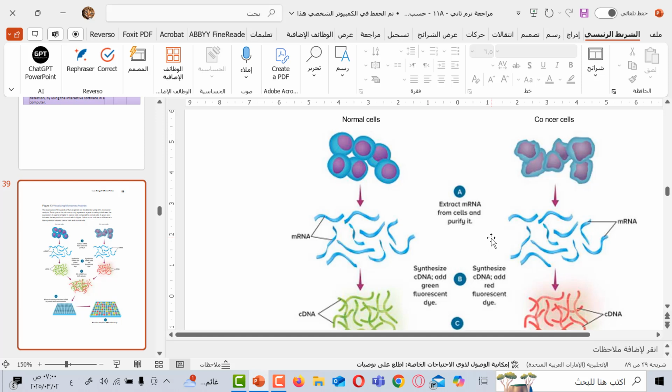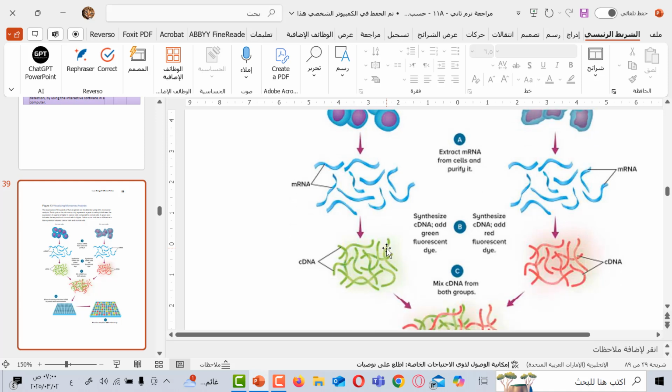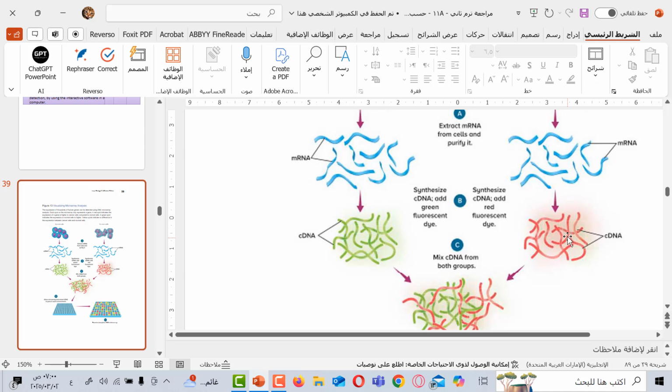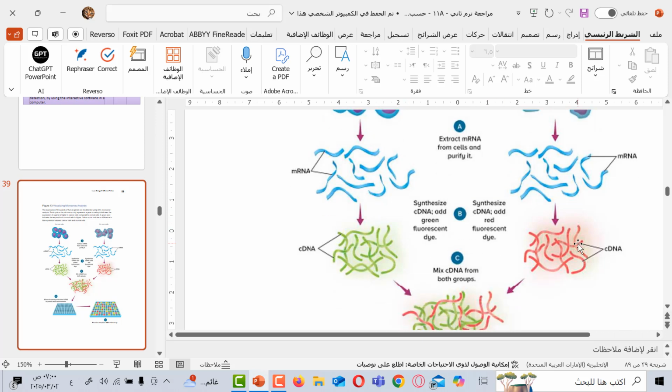Then they mix the two kinds of DNA, but the new DNA coming from this reverse process is called cDNA.